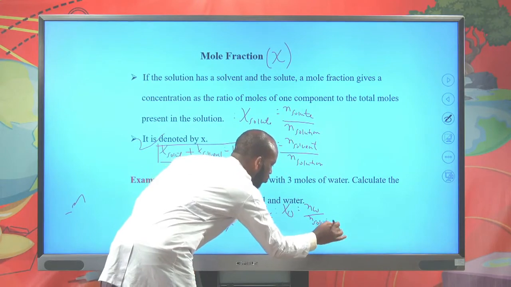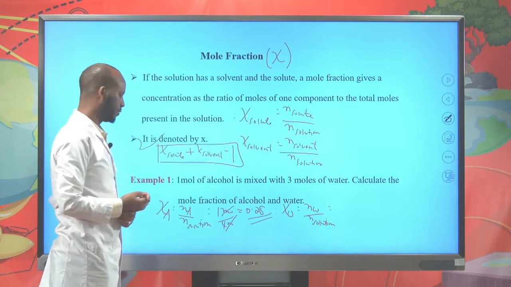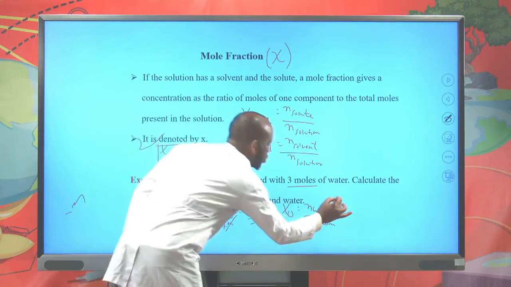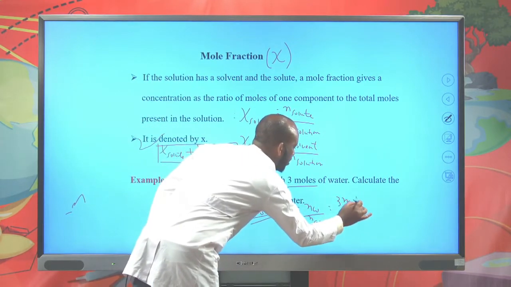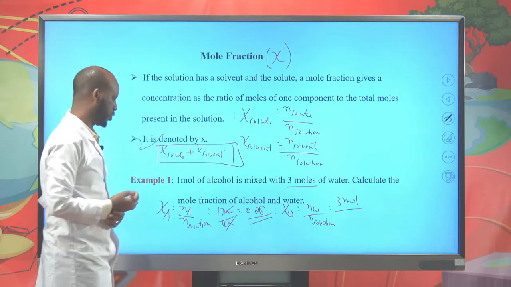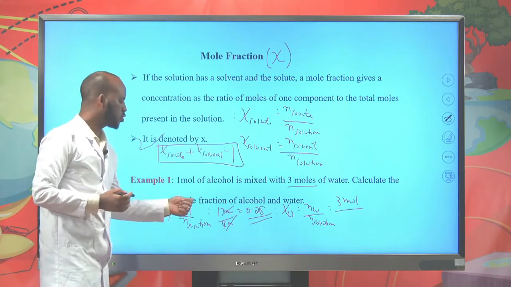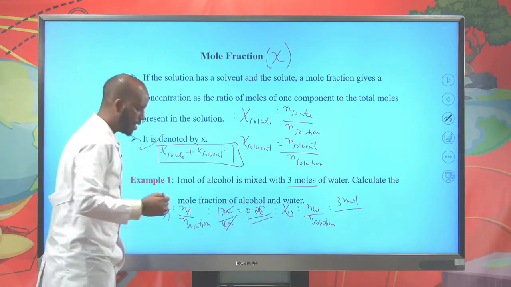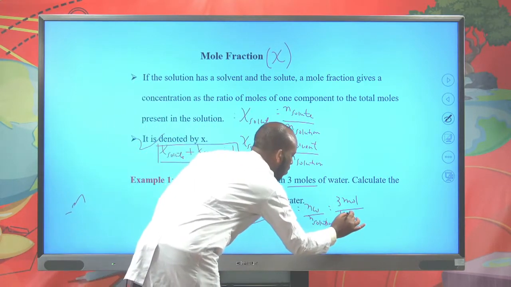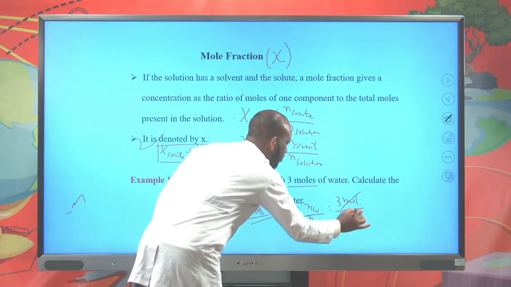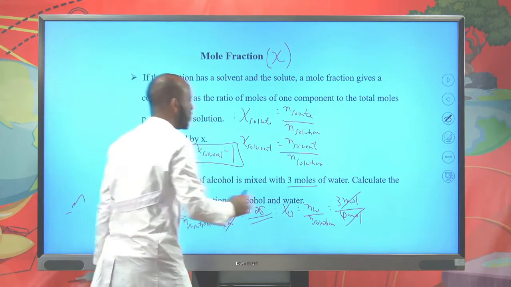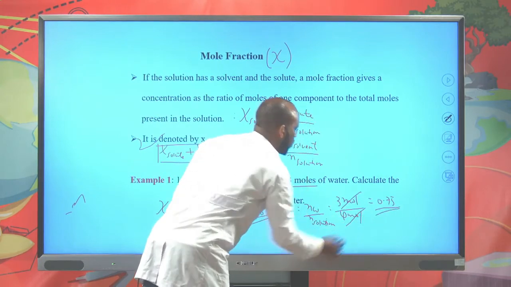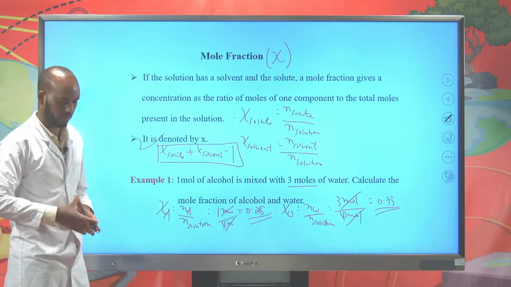Number of moles of water is 3 moles, divided by number of moles of solution, which is number of moles of solute plus number of moles of solvent, 1 plus 3 is 4 moles. Mole will be cancelled by mole. 3 divided by 4 is 0.75. Mole fraction has no unit.